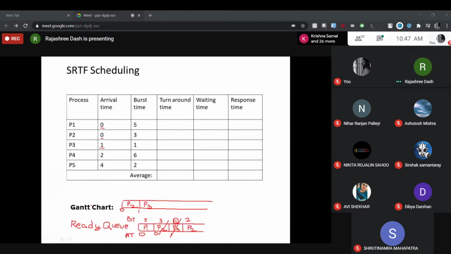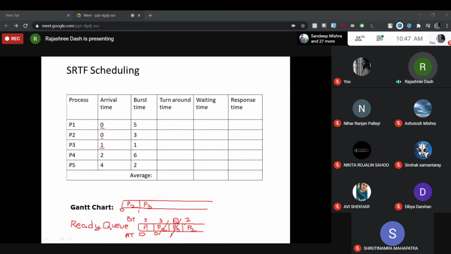Okay? Now while P2 is executing, at time 1, a new process enters into the ready queue. That new process is P3, which has the burst time 1. So what the scheduler will do? It will compare with the remaining burst time of P2. By 1, P2 has already executed 1 millisecond, so the remaining burst time for P2 is 2 milliseconds.